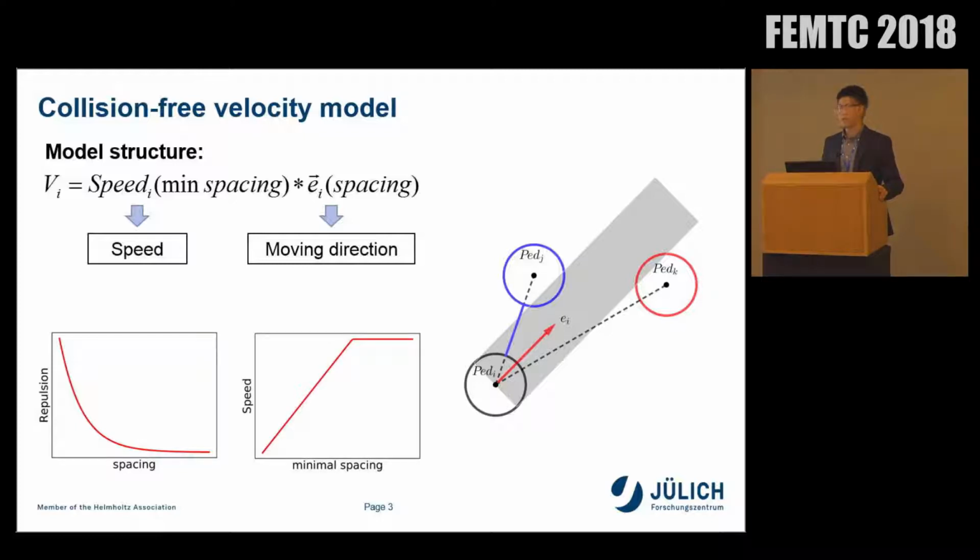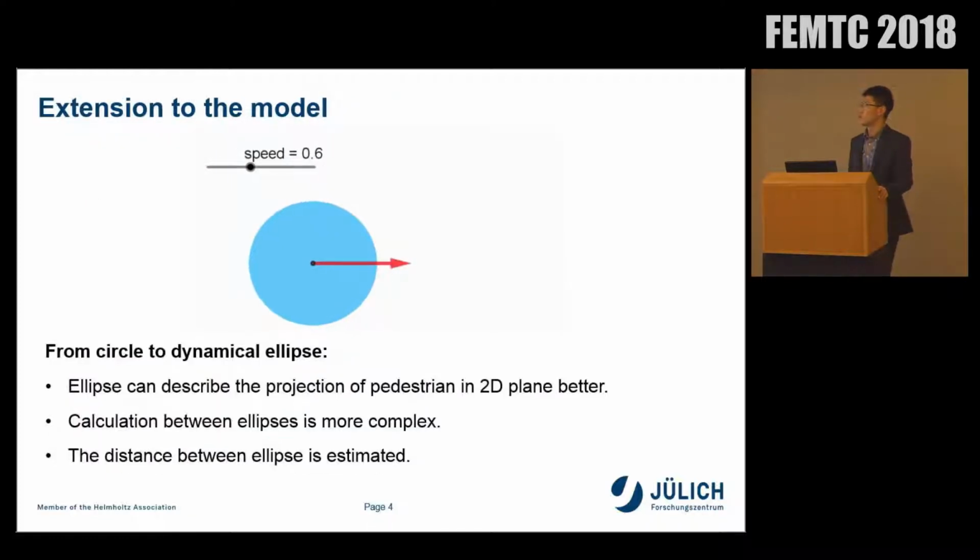And the speed of the pedestrian is a linear function of this minimal spacing. When this spacing is bigger, the speed is bigger, until the speed reaches the desired speed of the pedestrian. I think after this example, you can have a clear understanding of the collision-free velocity model. Then I will introduce the extension that I made to this model.